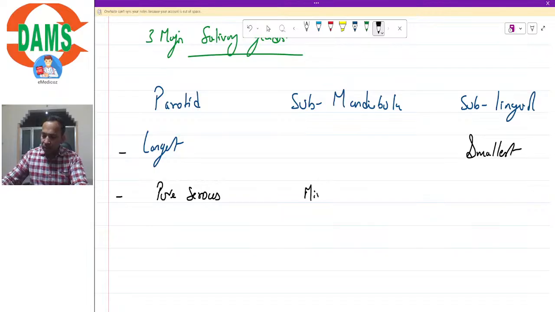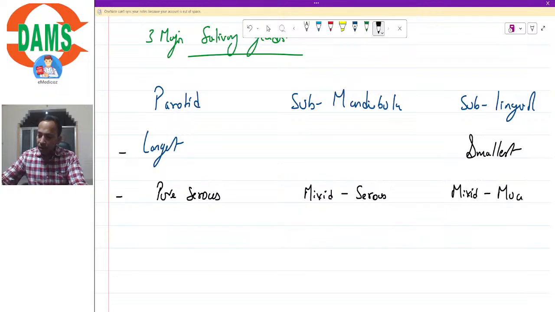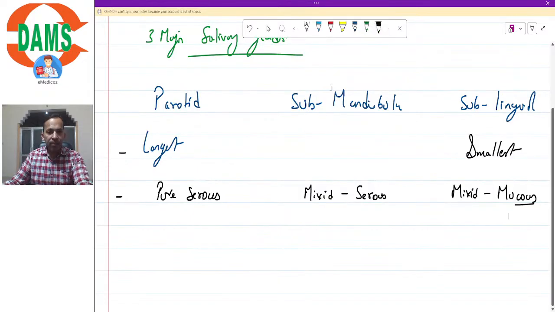Submandibular is mixed with a dominant serous component. Sublingual again is mixed but with a dominant mucus component, right? So sublingual is mixed with a mucus secretion, submandibular is mixed but with a dominant serous secretion, and parotid is pure serous, right?